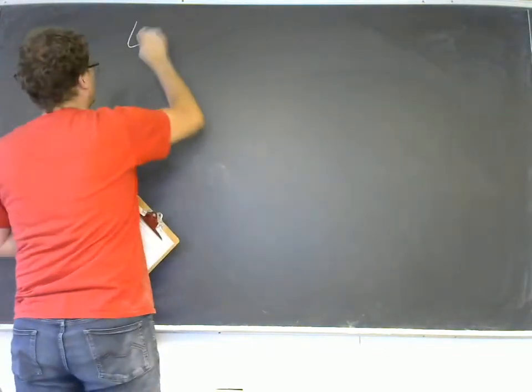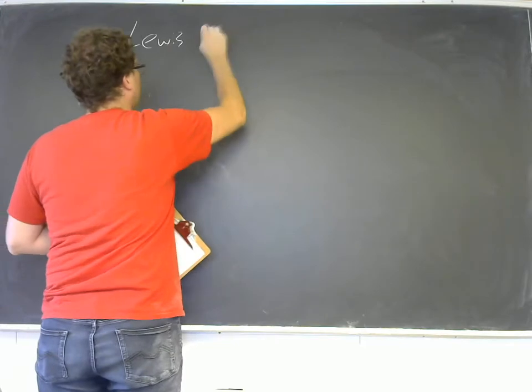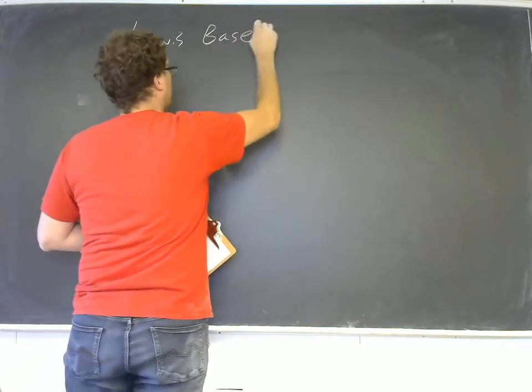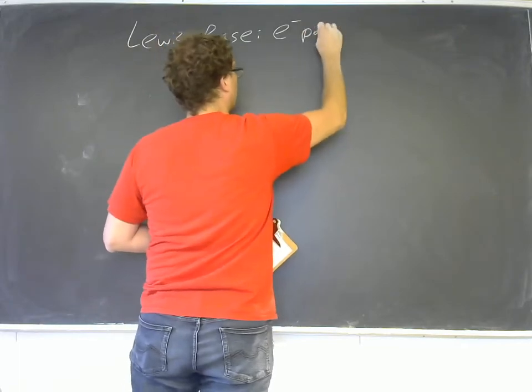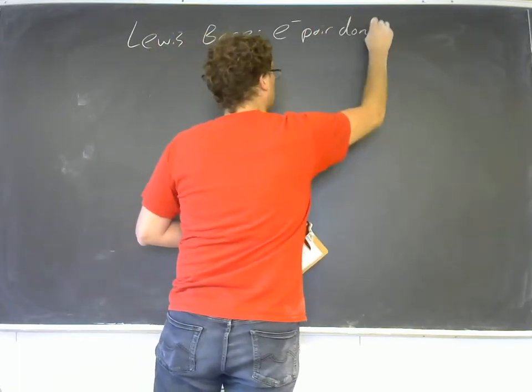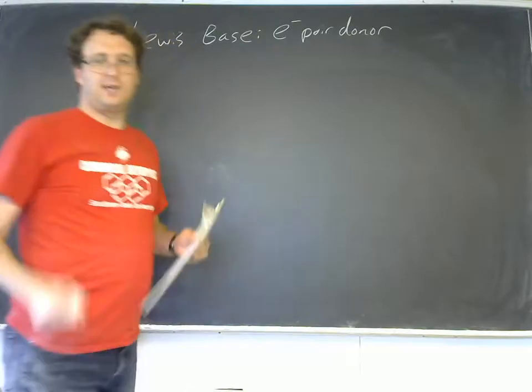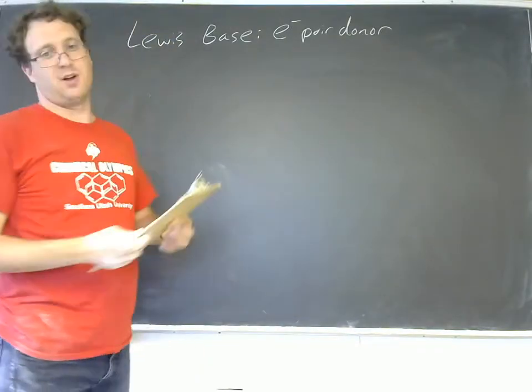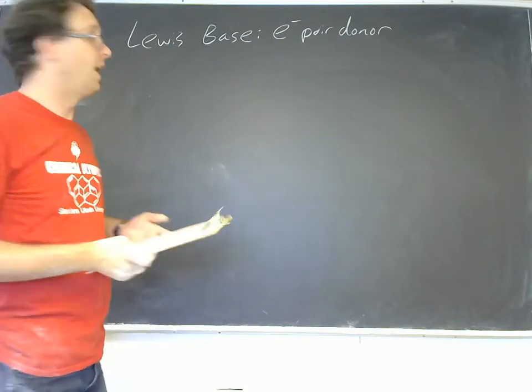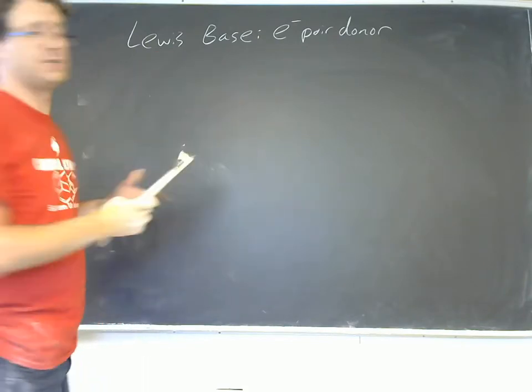So a Lewis base is going to be an electron pair donor. This is a reformulation of acid-base chemistry from the perspective of electrons. We call it Lewis theory, and we'll call them Lewis bases and Lewis acids.